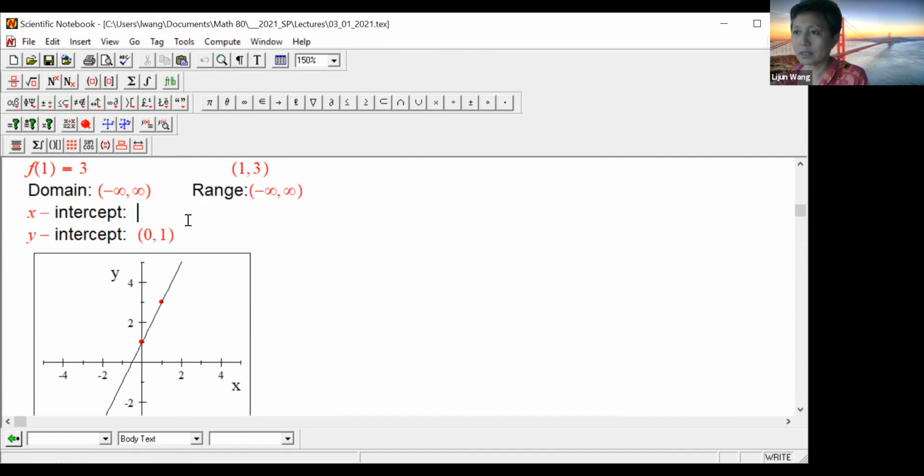And the X-intercept, what is the X-intercept? How do we find it? We know there's a point there, right?